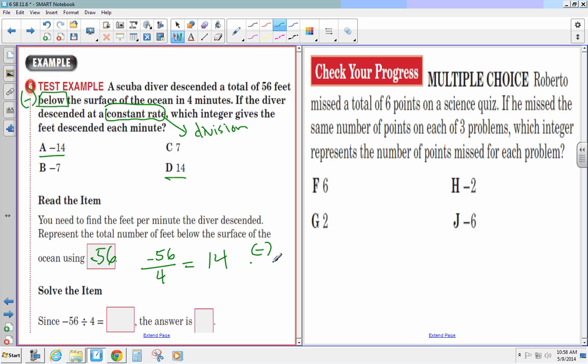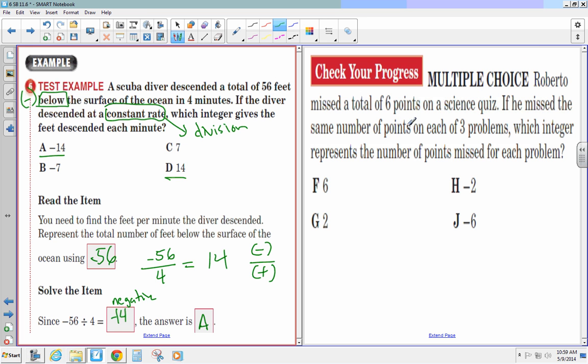A negative divided by a positive, that result is going to be negative. So the answer is negative 14. Oh, I'm sorry. Negative 14 is the numerical answer, but our letter answer is A.